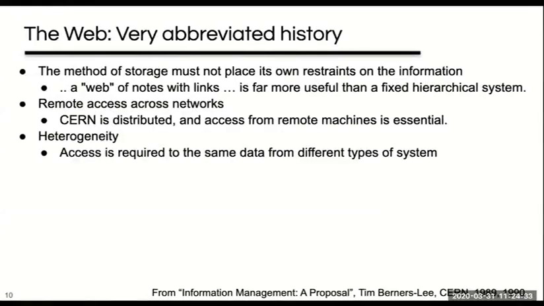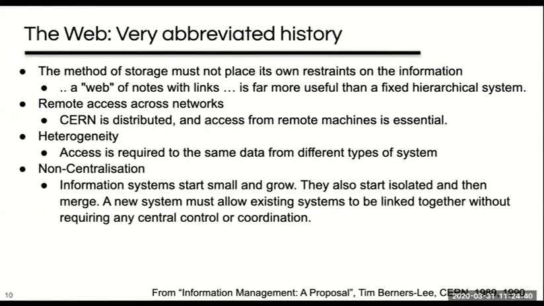He talks about heterogeneity and how you should be able to access it from any type of system. He talks about non-centralization, and says that information systems start small and grow. They also start isolated and then merge. "A new system must allow existing systems to be linked together without requiring any central control or coordination," which I think was an interesting observation.